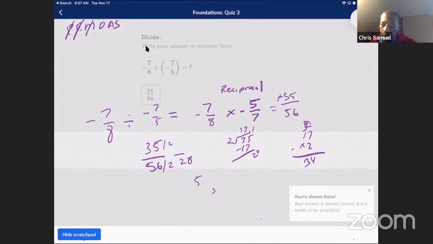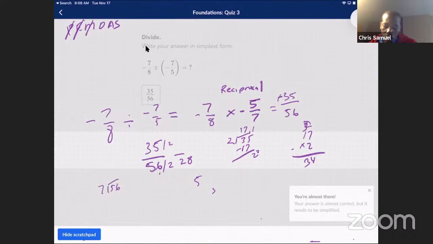Well, let's try 3. I know 5 works here. 35 is divisible by 5, but 56 isn't divisible by 5. 6 might work, but let's try 7.